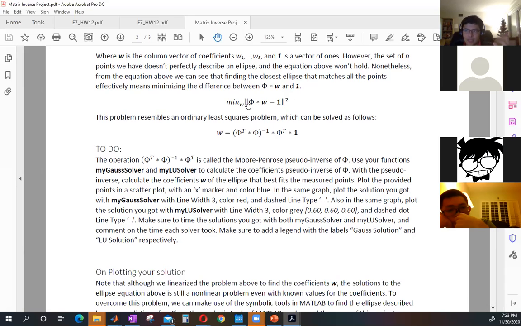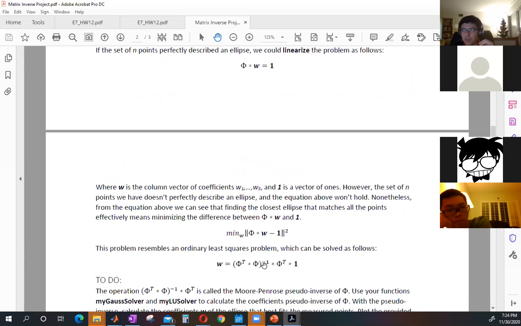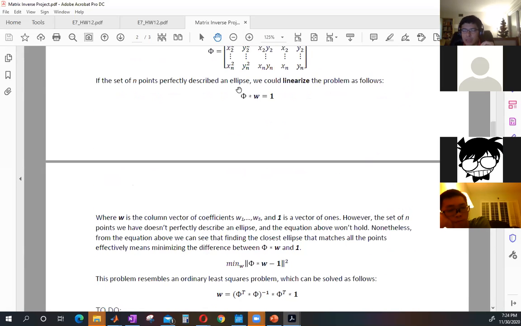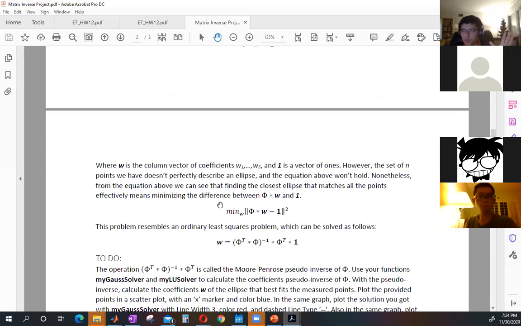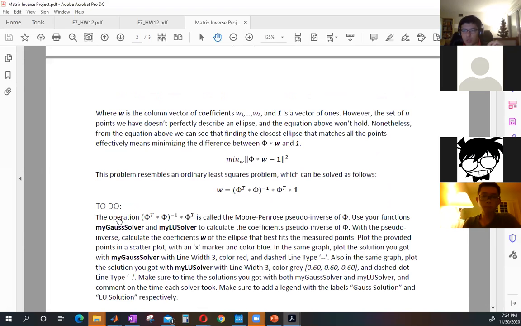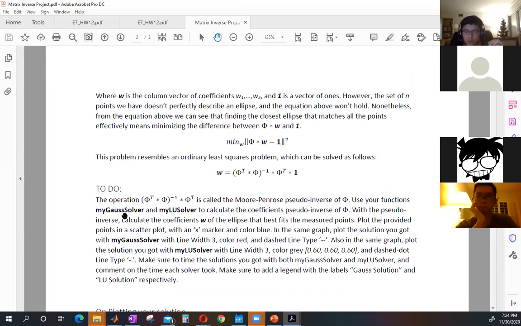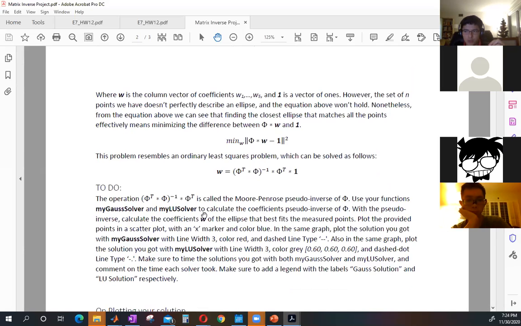It's basically the best way to solve these problems where we cannot really solve a set of equations, where we cannot have all the equations hold true but want them to hold as close to true as possible. So the pseudo-inverse is great for that. We want you to use your Gauss solver and your LU solver to calculate the pseudo-inverse of phi.